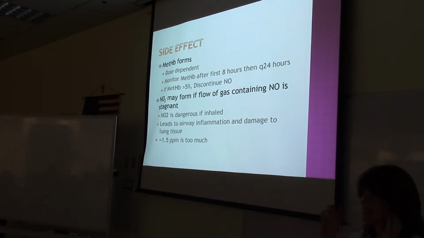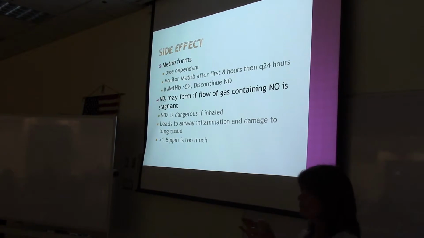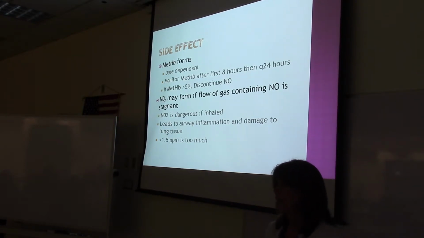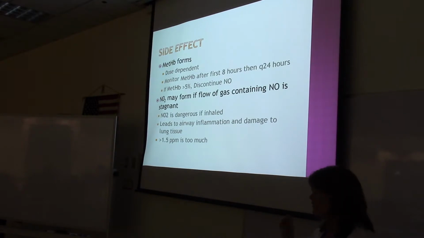Another thing is a nitric oxide monitor will have a side port where you could hook up an ambu bag and deliver oxygen and nitric oxide if you're bagging. But then when you turn it off and let the bag sit, then you're going to get that toxic gas forming, the nitrogen dioxide. So you have to turn it on, flush it a few times before you can actually bag the infant.